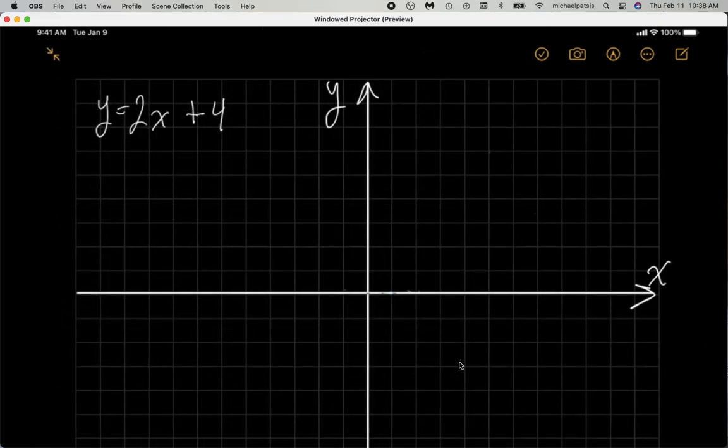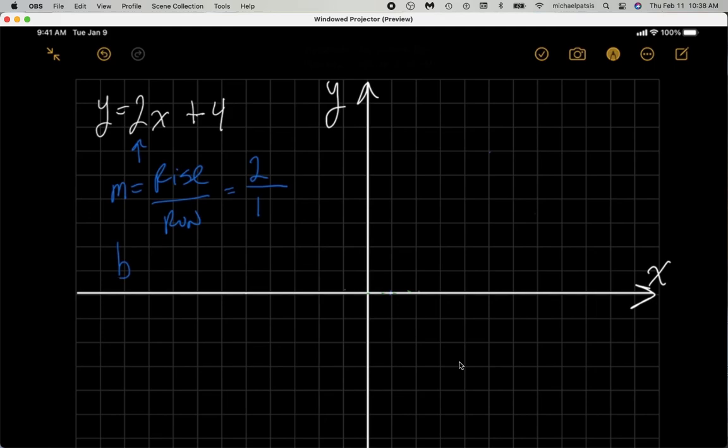Okay, here it is. I rewrote it on this screen. The way you graph equations that are already in slope-intercept form is you find the slope, which we call m. The slope is defined as the rise over the run. The run is always positive, 2 over 1.